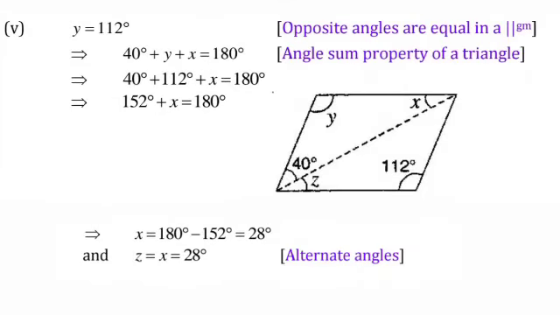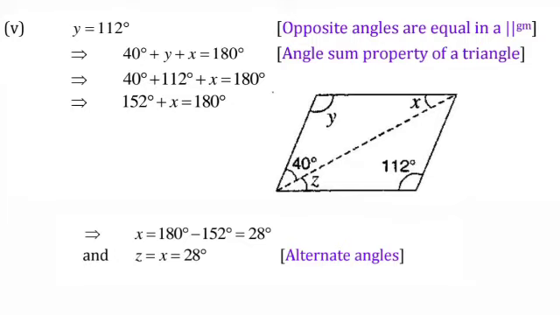Observe the fifth figure. They have given one diagonal so that we get two triangles. In the above triangle they have given x, y and 40 degrees. In the lower triangle they have given one corner 112 degrees, equal to angle y because both are opposite angles. Then in the above triangle we add x plus y plus 40 degrees equal to 180 degrees. So 40 plus 112, because we substitute the y value, plus angle x equal to 180.